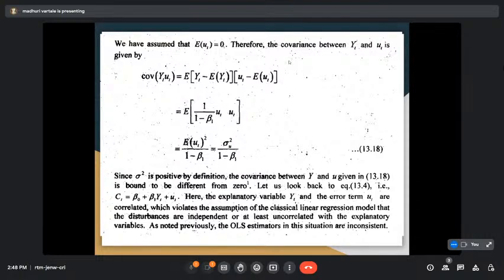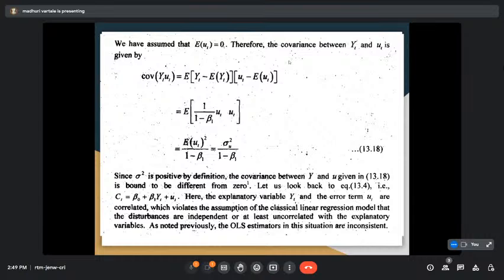This is the covariance of yt and ut, where we can identify the problem. When we solve this, the expectation of 1 upon 1 minus beta 1 ut ut can be estimated. So sigma squared is positive by definition, and the covariance between y and u is bound to be different from 0.